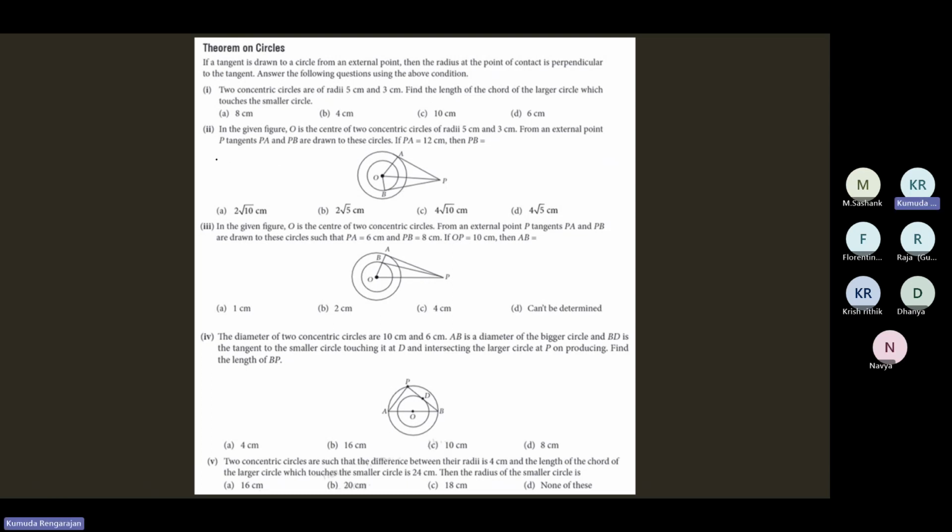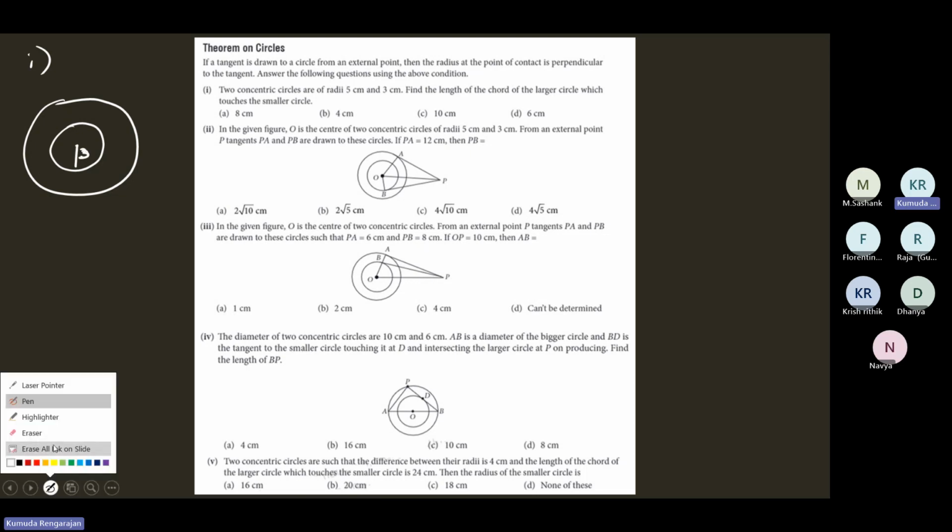So the first one. In two concentric circles, a radius 3 and 5. Okay, so this is 3. So this is that figure.